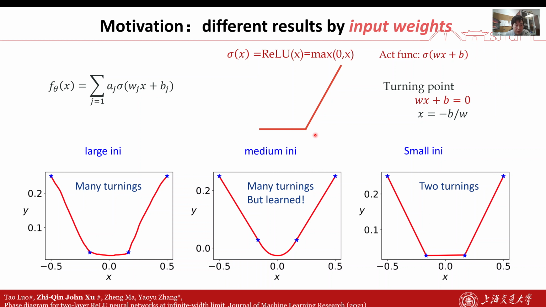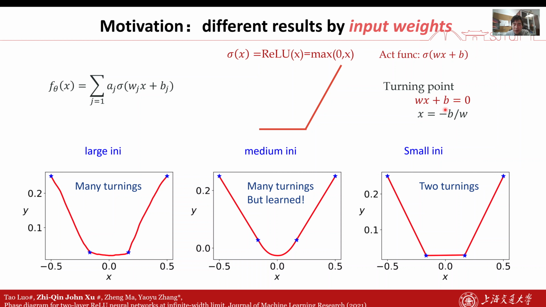Because of this turning point, the function is nonlinear, so we have the ability to fit almost any function. Otherwise, you can only fit a linear function if the activation function is linear. The position of the turning point is very important. Where is the turning point? That is Wx plus b equals 0, that is, x equals minus b over w. That is the turning point.